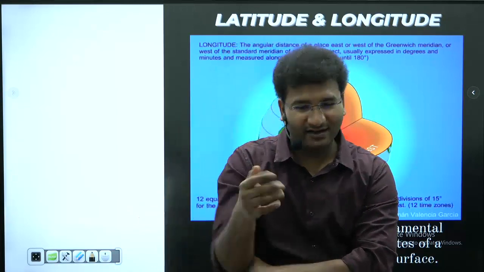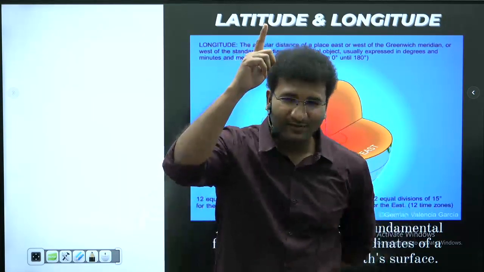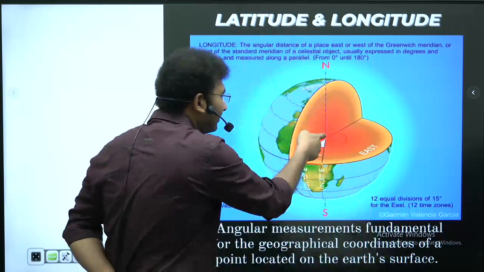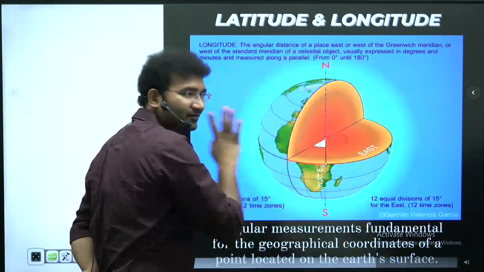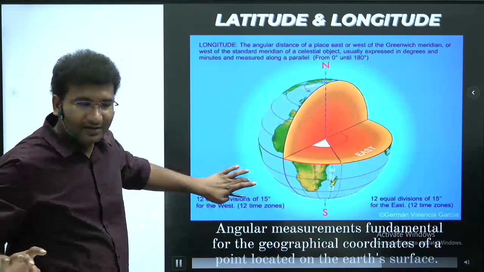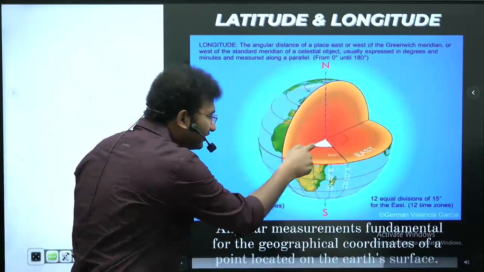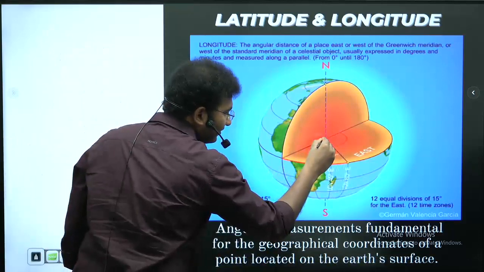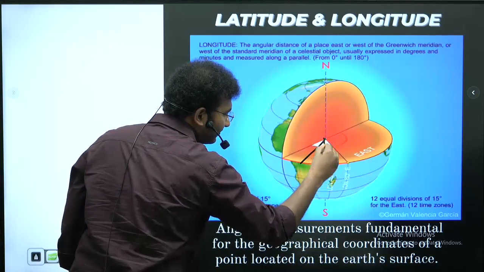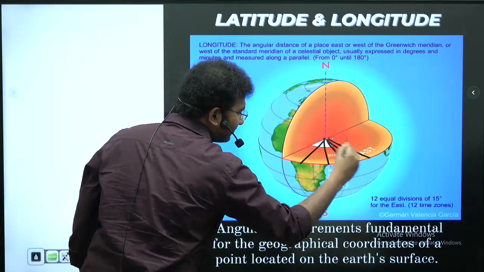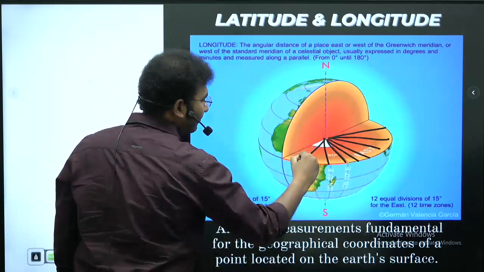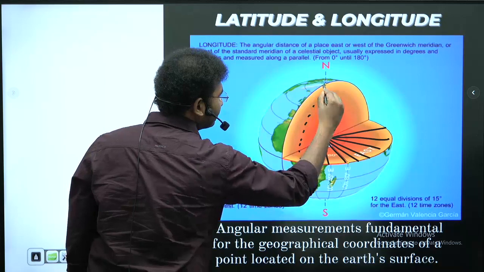Now they decided that this is the place, and this will be considered as the prime meridian. This will be the line. I'll draw it from the center of the earth. From here they have drawn a line, and from there you measure the angles. See, angles are measured like this. Now I'll join all the points like this.